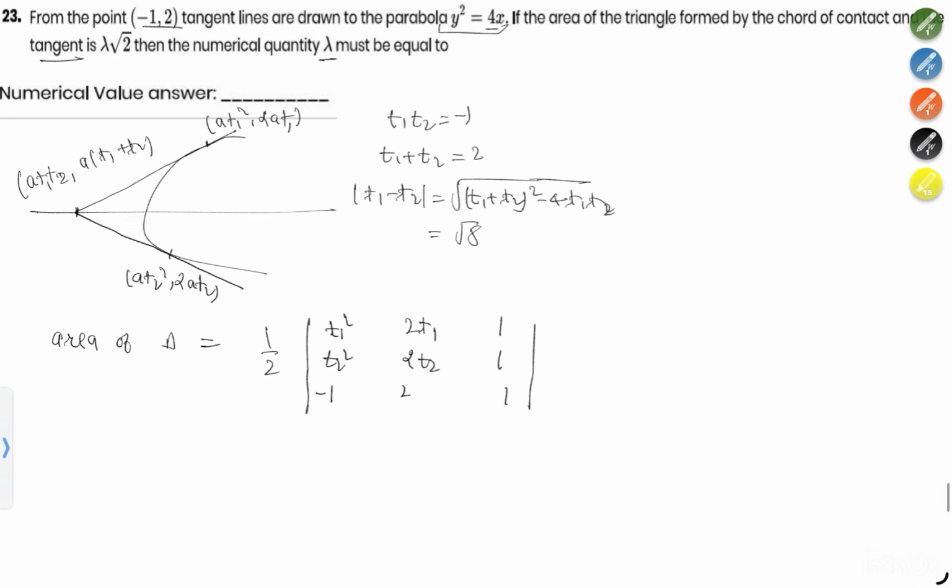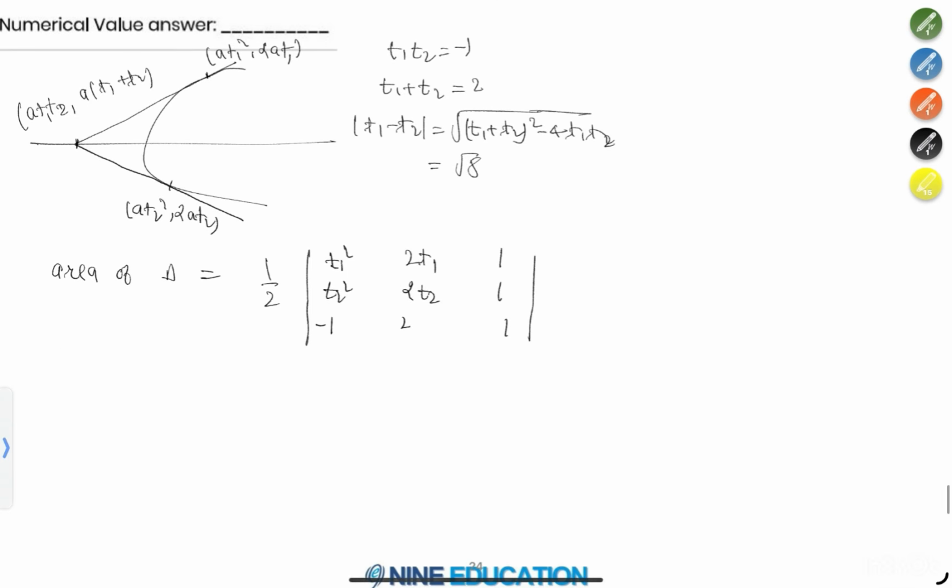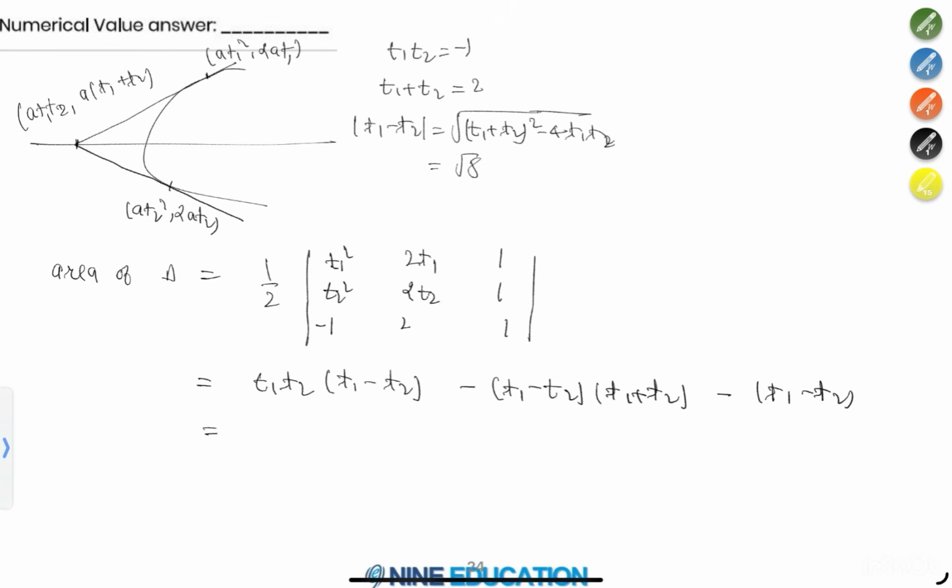Just simplify this determinant. If you simplify it, you will get the output as t1 minus t2 times (t1 t2 minus (t1 + t2) minus ...), which is going to be equal to minus root 8 minus 2 times root 8 and minus root 8, which we can say is minus 4 times root 8.